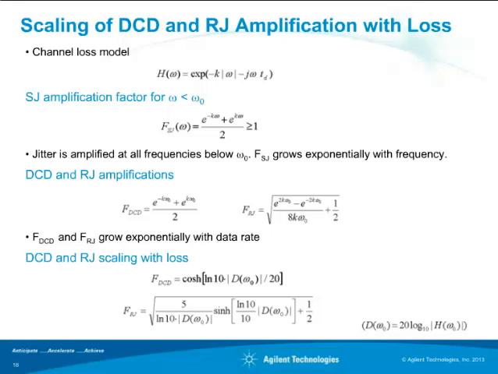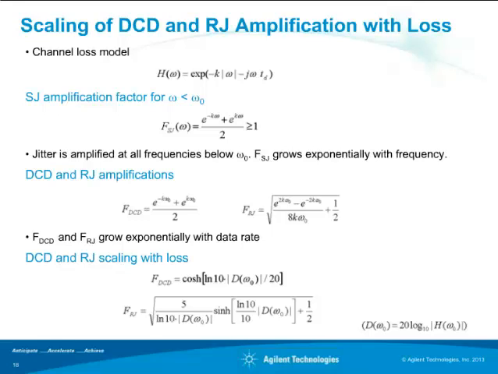And if we plug that into our SJ formula, we have the SJ amplification factor. We can see that this factor is always bigger than 1 for any SJ frequency, and also the factor grows exponentially with SJ frequency.